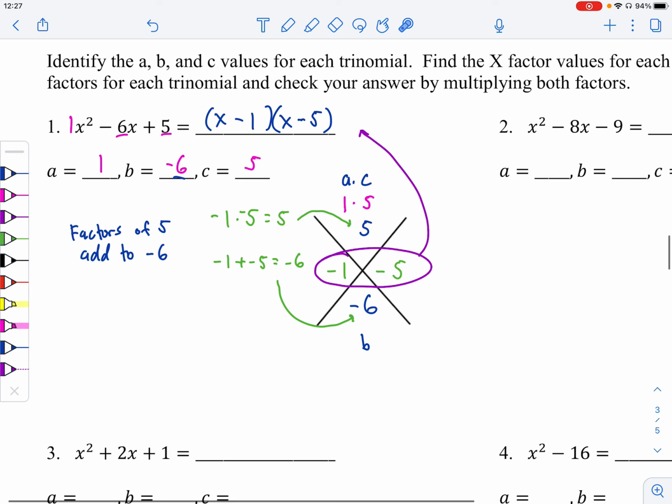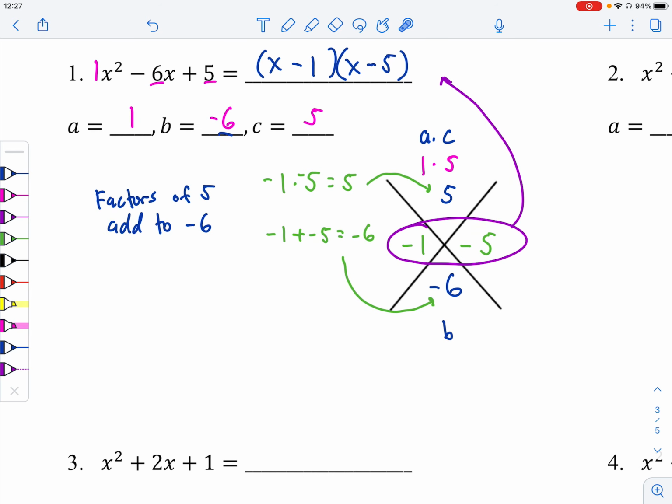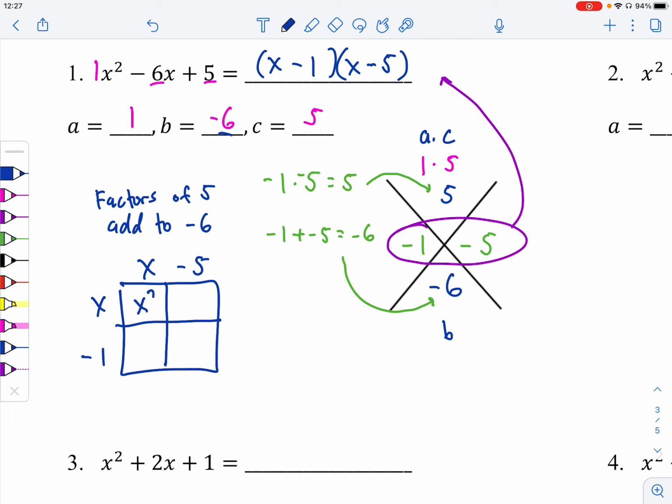We're going to check our answers by multiplying. Let's use the X box to show our work, so we can see how this works. We have x minus 1, x minus 5 as our factors. We multiply x times x, x squared. Negative 1 times x, negative 1x.